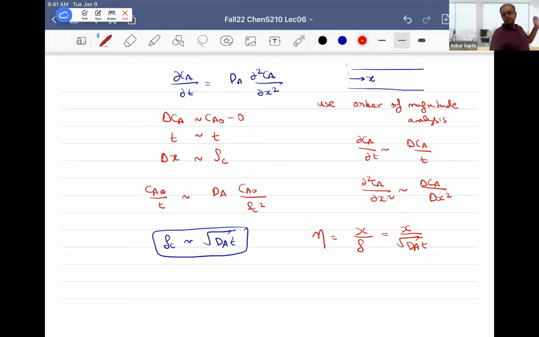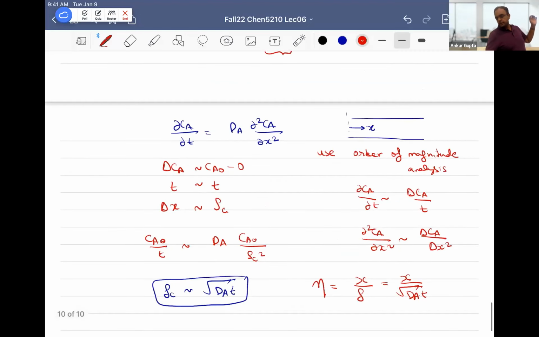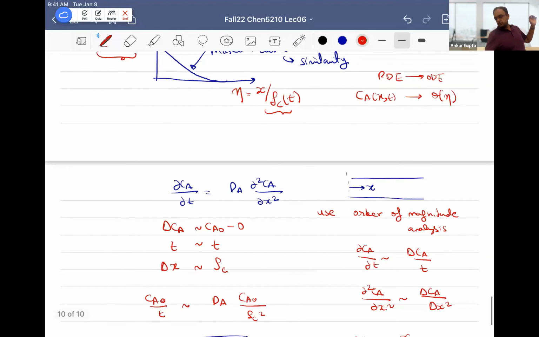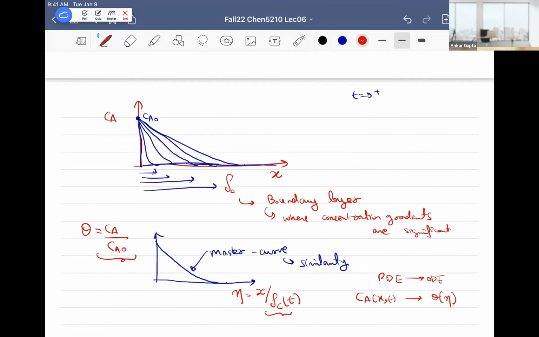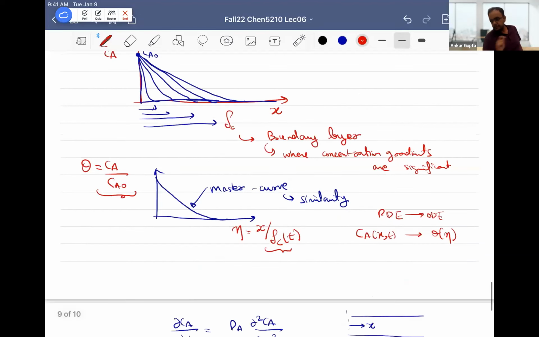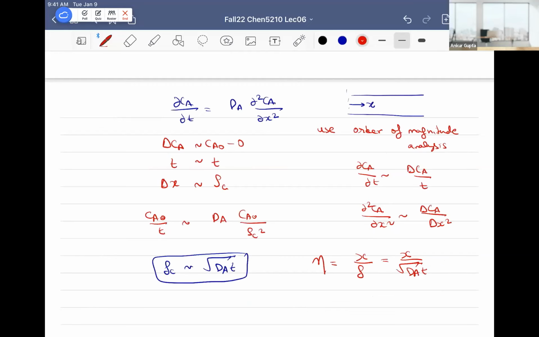Physically, we have these curves. We are saying that delta C is stretching with square root of time, larger and larger, and I'm shrinking down my x-axis by the square root of time so that I get one master curve. That's the idea. All right, let's go ahead. Any questions on this idea?